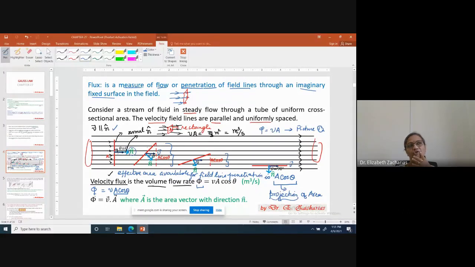A cross B is the area of a four-sided figure where one side is A and the other side is B. You must recall that if I have a vector A and a vector B forming the two adjacent sides, then the area of this is going to be A cross B. Do you remember this?